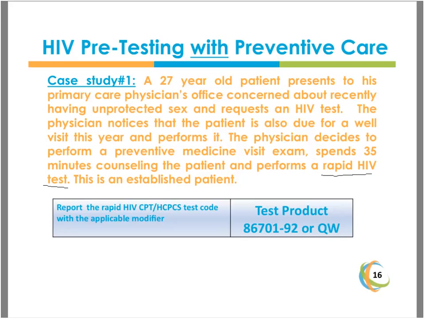Because if you look at this example, it says that the patient also had a well visit. We will look at some specific examples in Series 3 that shows the two code sets reported together so that you can get a clear insight into how you should be reporting these services when a patient comes in for more than one service together on the same day.